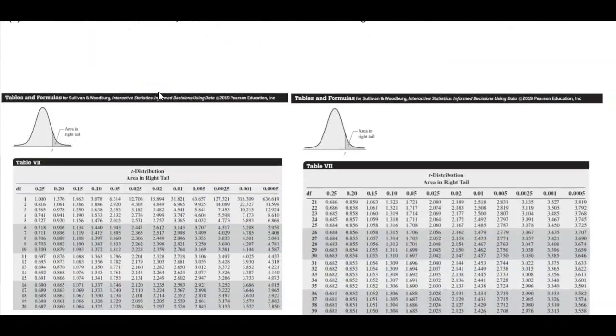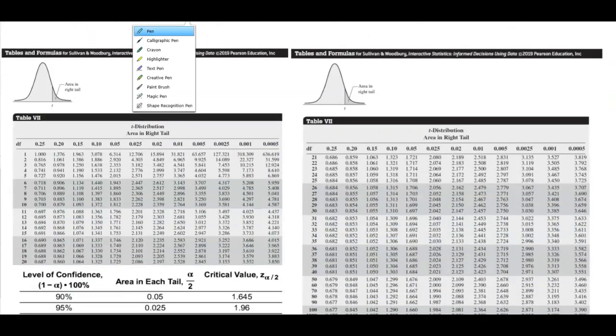So let's take a look here. Again, we know that the area in the tail is 0.10, and we're looking at 9 degrees of freedom. So here is 9 degrees of freedom, and then we go to the area of 0.10 in the right tail.